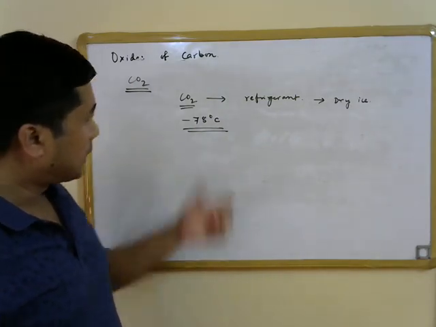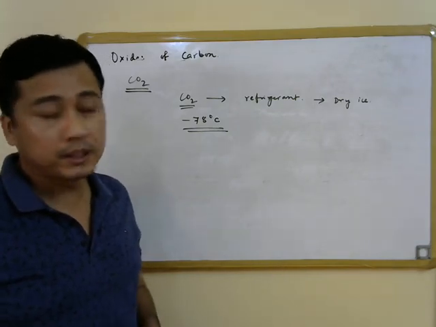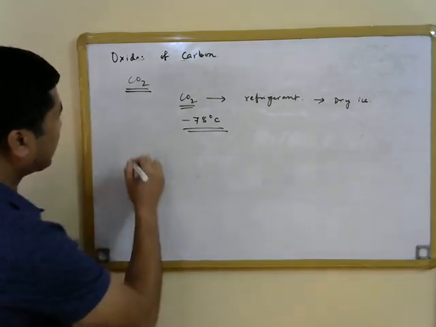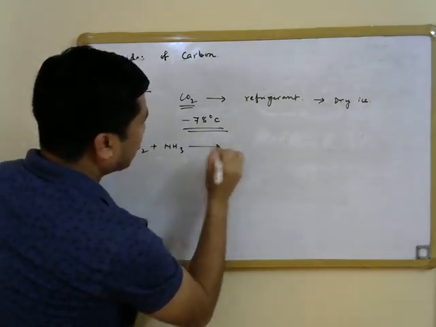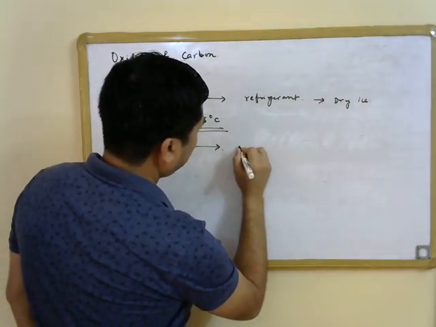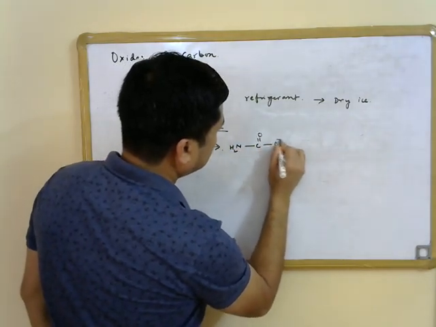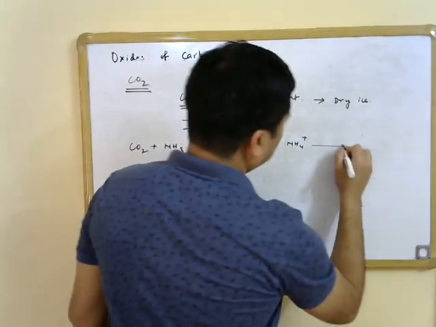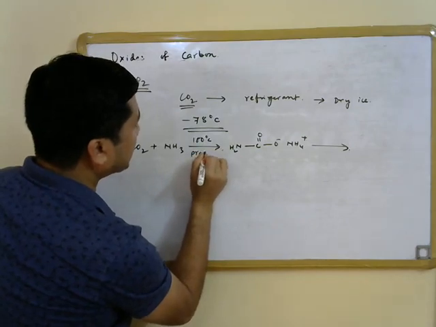Then apart from its application as a refrigerant, another industrially important application of carbon dioxide is during the production of urea, because carbon dioxide reacts with ammonia at a temperature of 180 degrees Celsius under pressure.